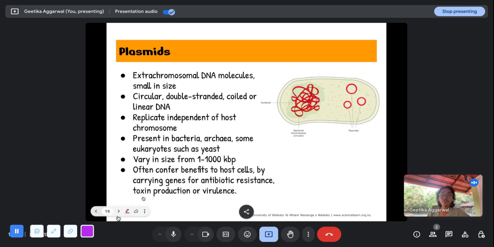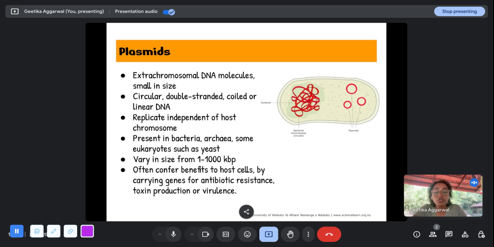And they often confer benefits to the host cells. So these plasmids, when they're present in the bacteria, actually give benefits to the host cells because they're mostly carrying genes that provide antibiotic resistance. So if a bacteria has genes for antibiotic resistance, you can treat it with some antibiotics, and it will still not die.